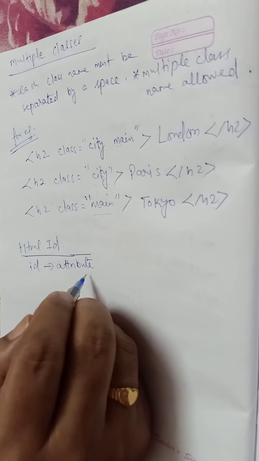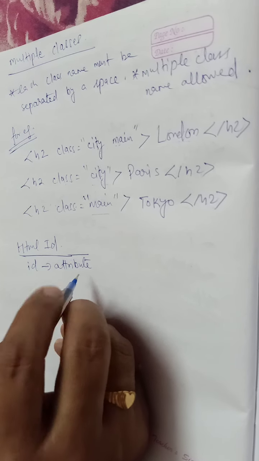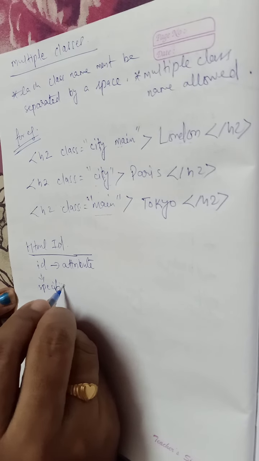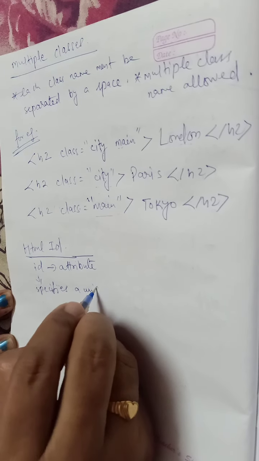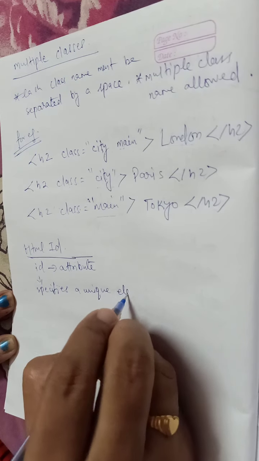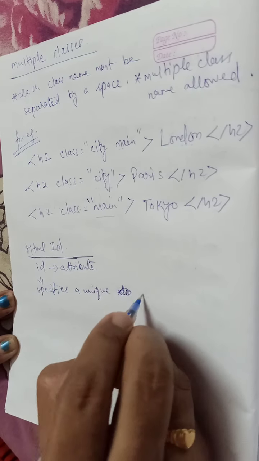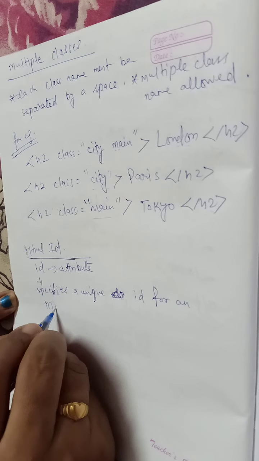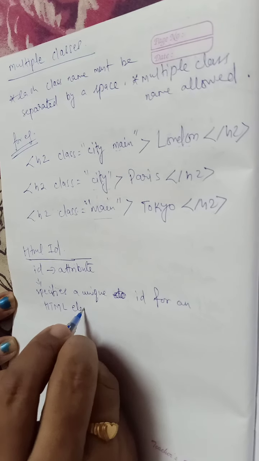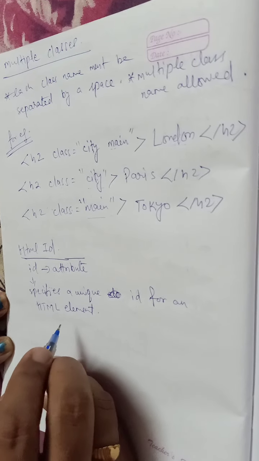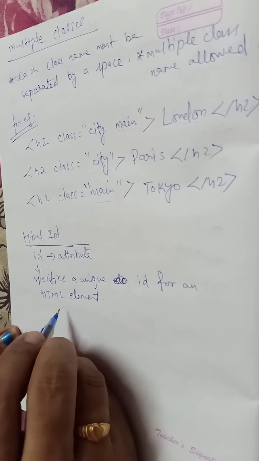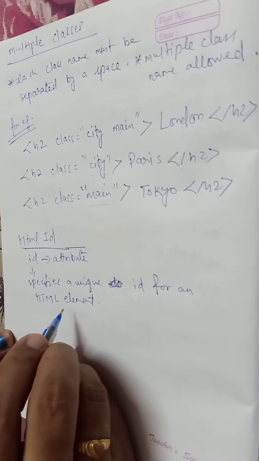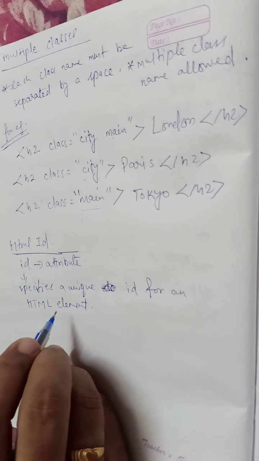It specifies a unique ID for an HTML element. The ID value can be used by CSS and JavaScript to perform certain tasks for the element with a specific ID value.